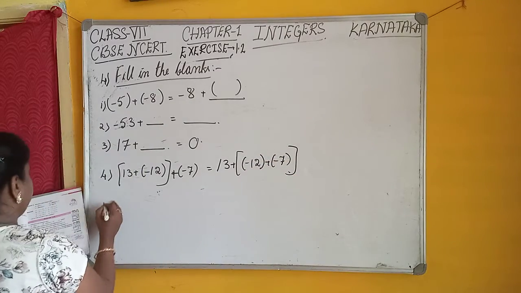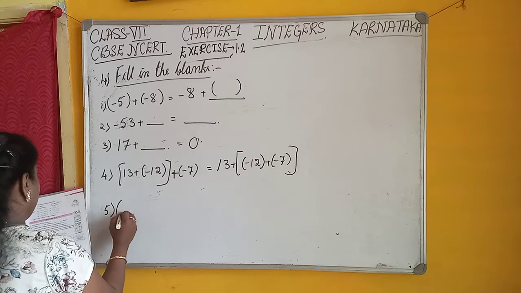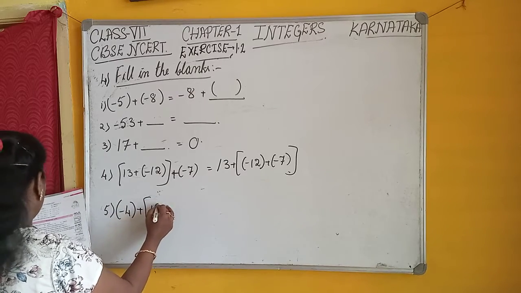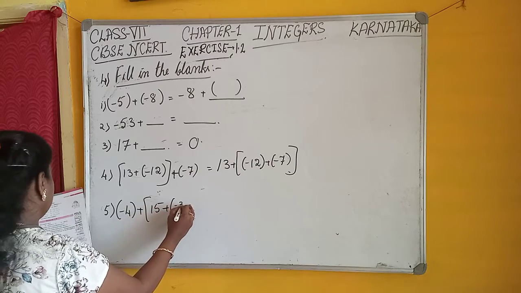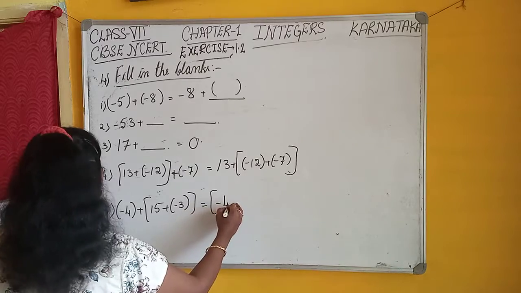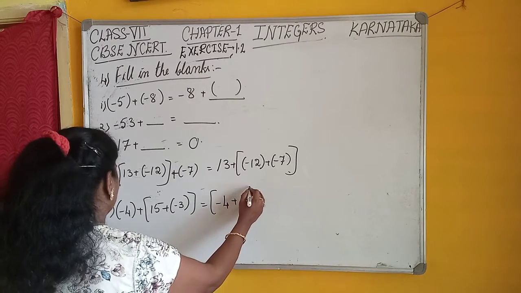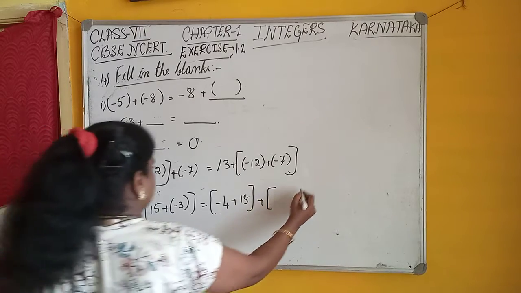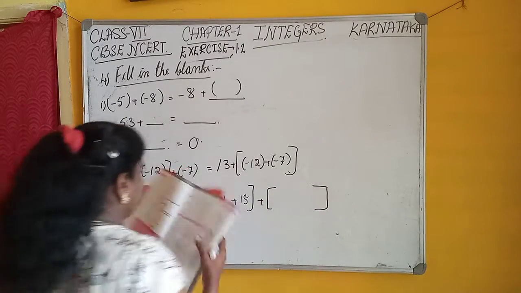Okay. And fifth one, minus 4 plus of minus 15 plus of minus 3 is equals to minus 4 plus 15 plus of dash. Here we have to write.